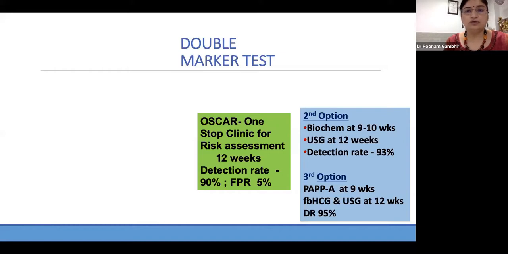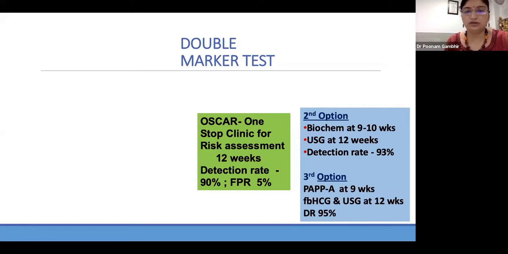There are different timings and different studies which indicate when to collect the sample, at what weeks of gestation, and accordingly the detection rate varies. After all the literature combination and final review, what can practically be followed in an OPD is the OSCAR regimen, or the one-stop clinic for risk assessment, in which at around 12 weeks we call the patient and ask her for an NT-NB scan.